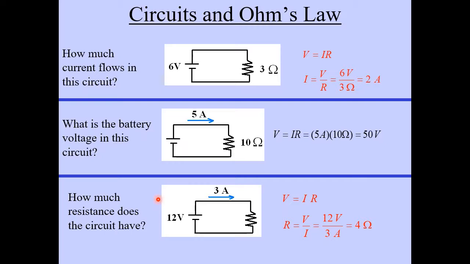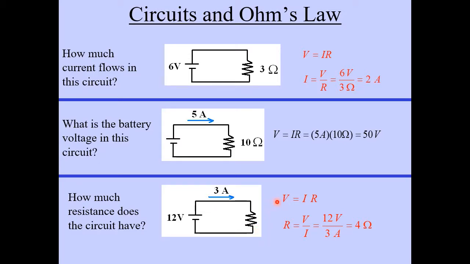One more here. The question is, how much resistance does this circuit have? Again, we have a simple circuit here with a battery connected to a resistance. We know that the battery is 12 volts. We're given that the current flowing is 3 amps, but we don't know what the resistance of this resistor is. So let's calculate that using Ohm's law.